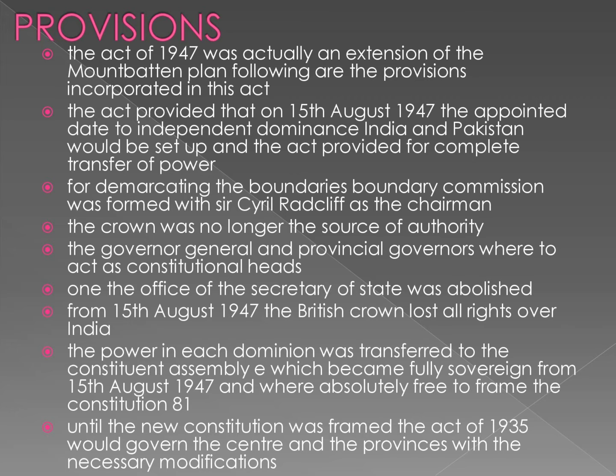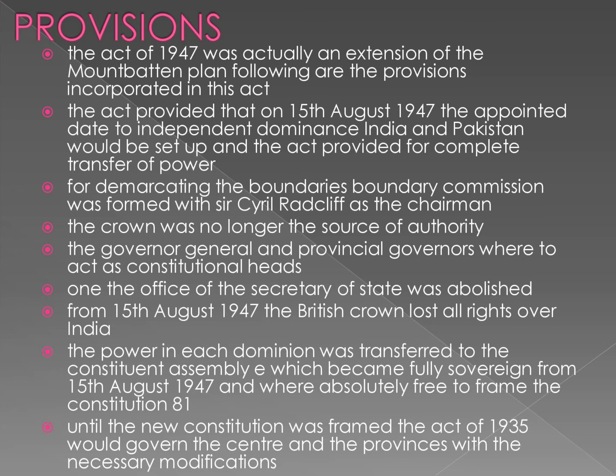The office of the Secretary of State was abolished. From 15th August 1947, the British Crown lost all rights of supremacy over India, and the Indian states were free to join either the Indian Union or Pakistan, because states have sovereign power.